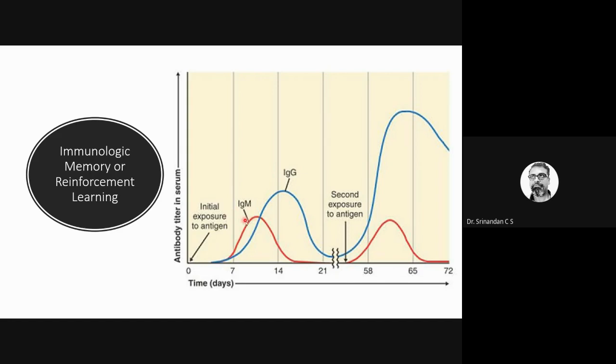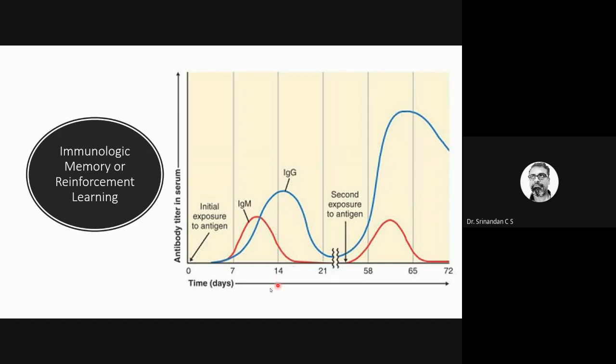So, very strong like Bhima, they can go and neutralize the pathogens which come in. But then slowly IgG will take over, precisely, with reinforcement learning. There will be an exact sequence of IgG.